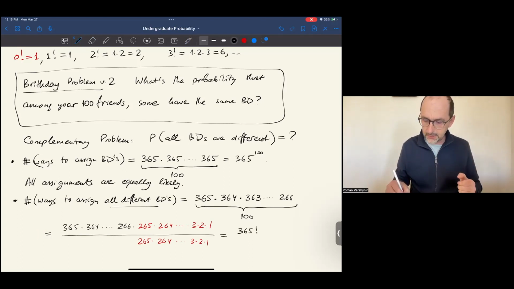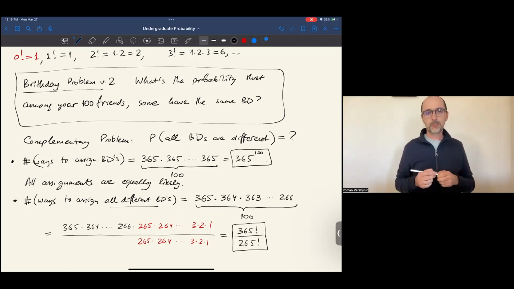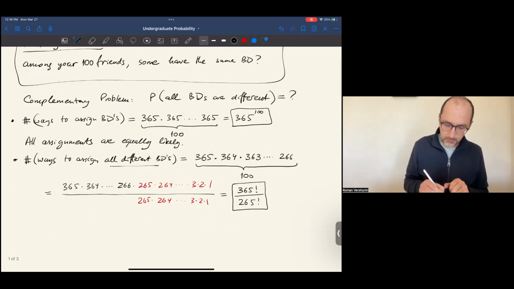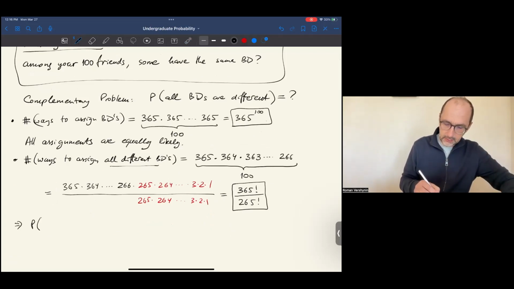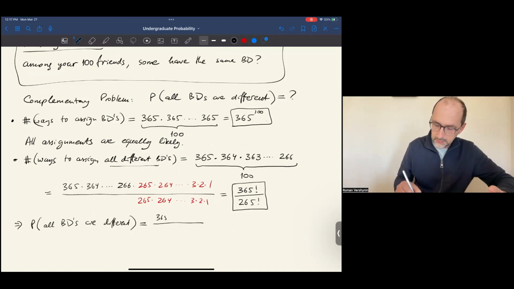The denominator is 265 factorial. And that is the number of valid assignments. This is the number of all assignments. Perfect. So what's the probability? The probability that all birthdays are different, because all assignments are equally likely, is just a ratio of how many valid assignments we have.